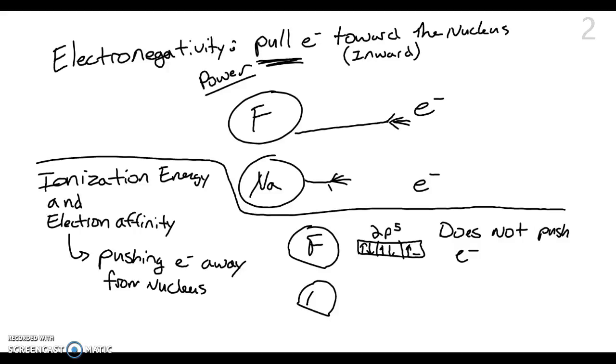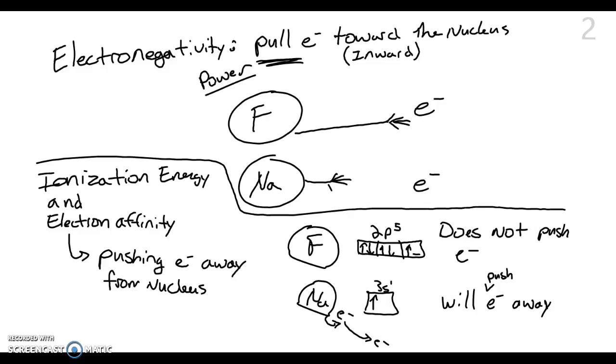But something like sodium only has a 3s1, it's fine pushing it. It just will push electrons away. The moment it pushes that one electron away, it can actually be stable at that point.